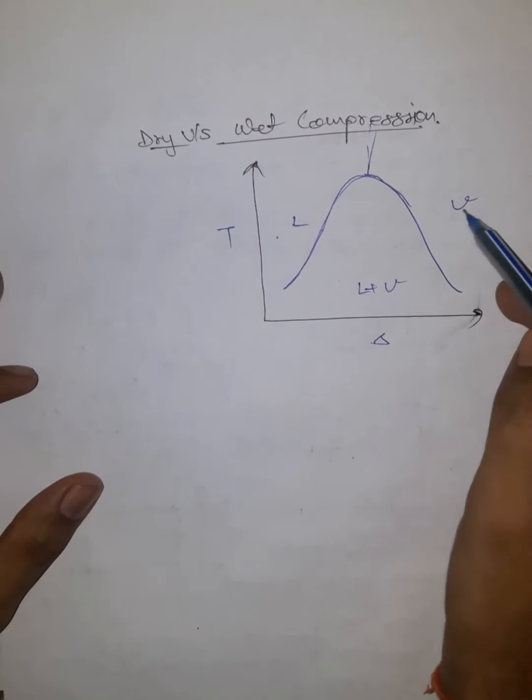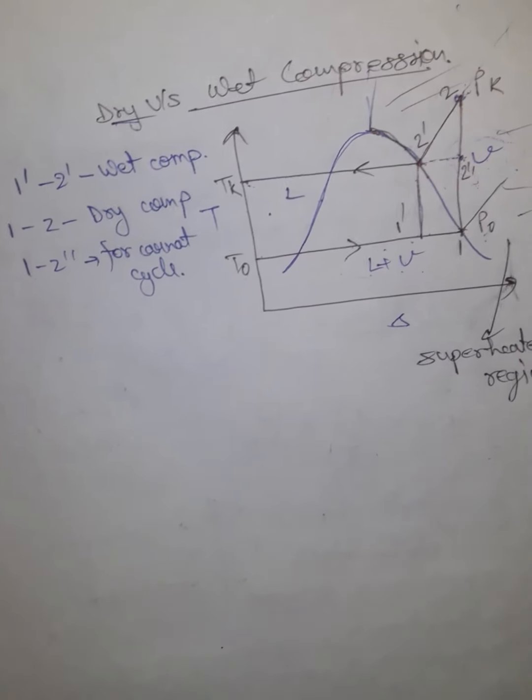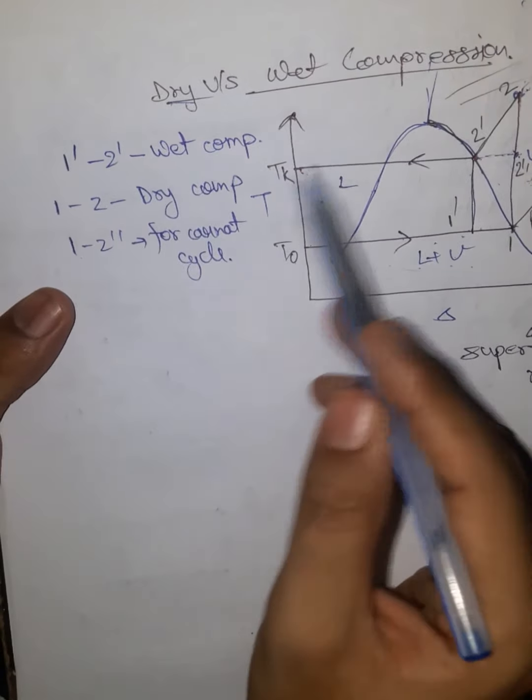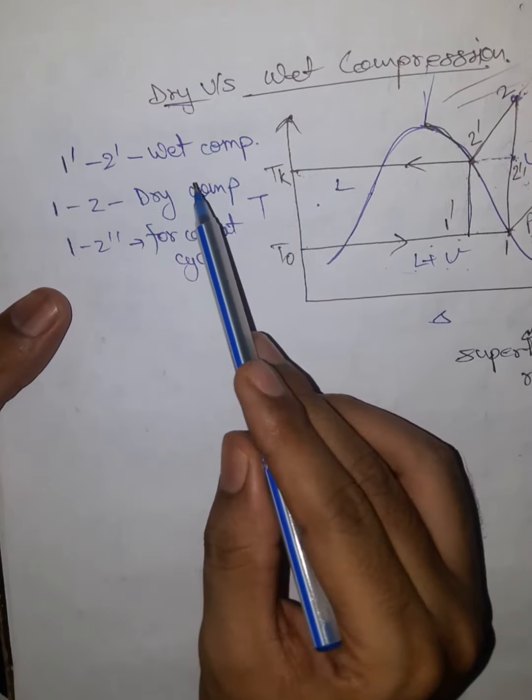We will talk about why this modification is done, why we increase the point from 2 double dash to 2. Okay, now let us compare why we had not proceeded along the wet compression, why we go for the dry compression. So now we have mentioned all three types of compression: wet compression, dry compression, and the Carnot cycle representation. Now why?